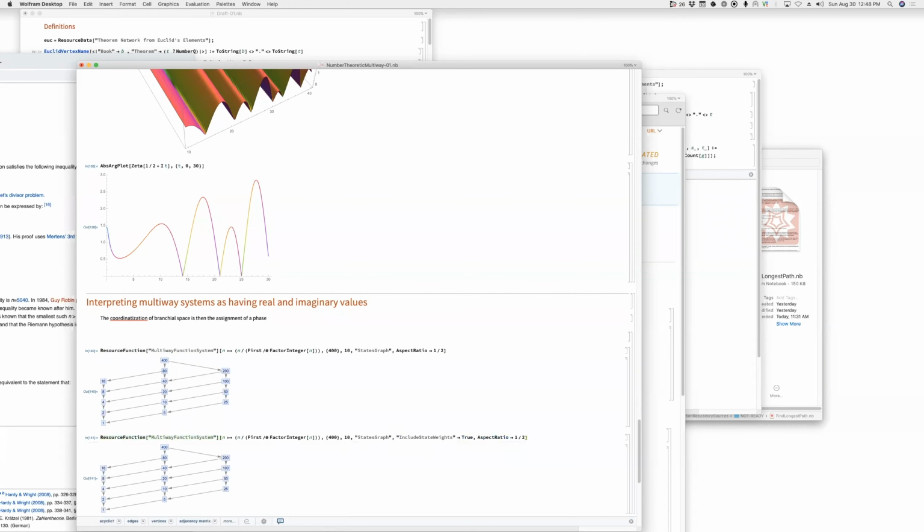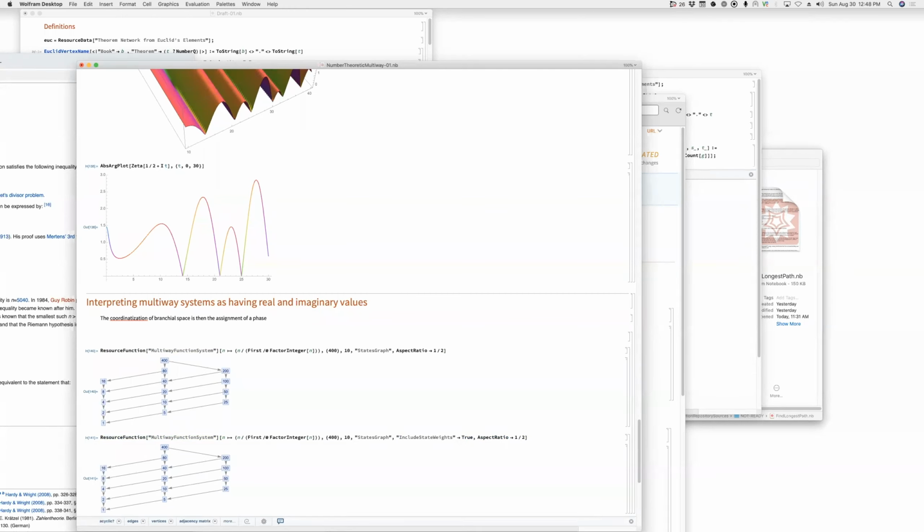Okay, so now we should probably include path weights. How do I do that? Include state path weights or state weights. How do I get them displayed?